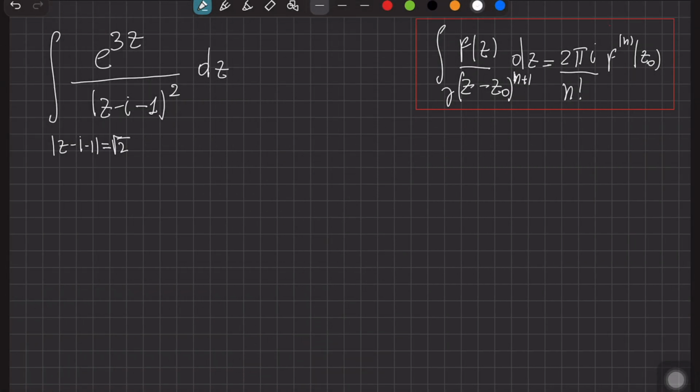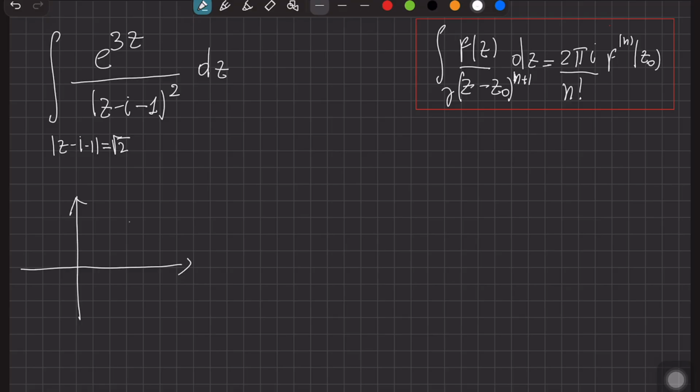So now let's try to apply the generalized Cauchy formula. We're going to integrate e to the 3z over z minus 1 minus i, squared, on the circle of radius square root of 2 centered at i plus 1. So again, always the same things. Let's draw our contour of integration.